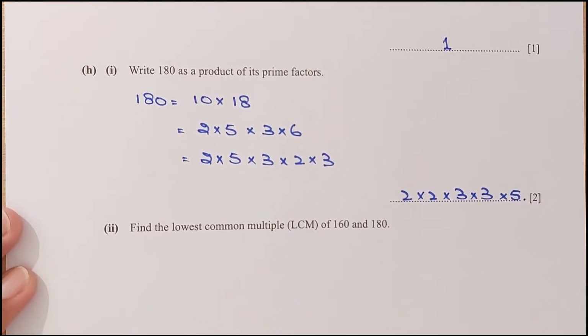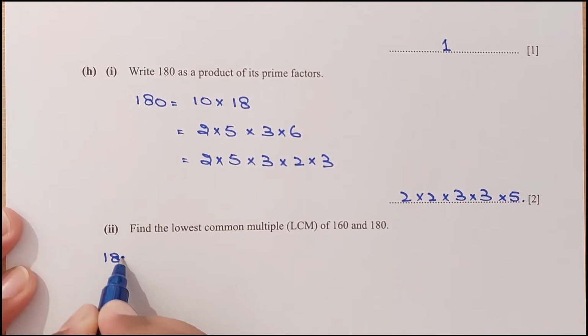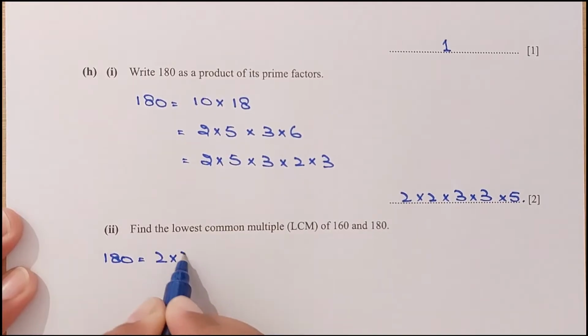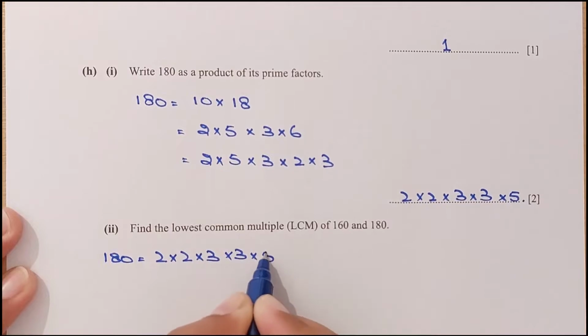Now for the second part, find the lowest common multiple of 160 and 180. Write down the prime factorization of 180 first. We already did that: 2 times 2 times 3 times 3 times 5.